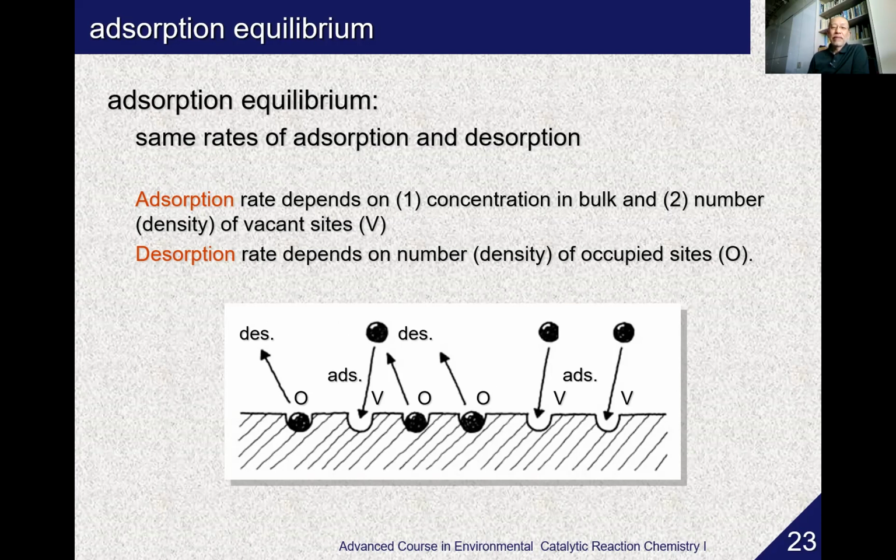Therefore, these two determine the adsorption rate. On the other hand, the desorption rate depends only on the number or density of occupied sites. So the desorption rate doesn't depend on the concentration of adsorbate in the bulk.